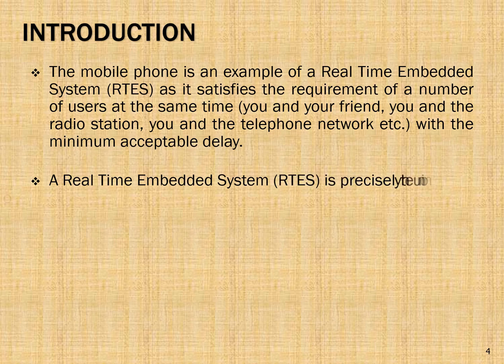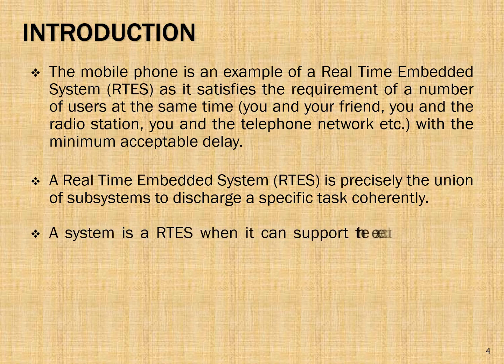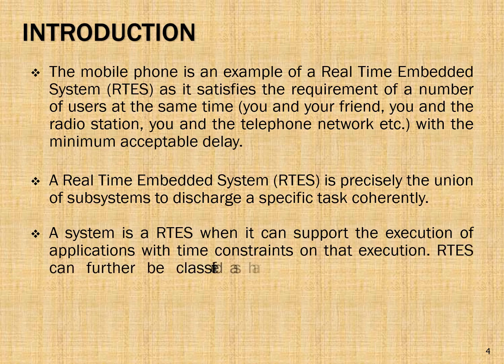A real-time embedded system is precisely the union of subsystems to discharge a specific task coherently. A system is a real-time embedded system when it supports the execution of applications with time constraints on that execution.